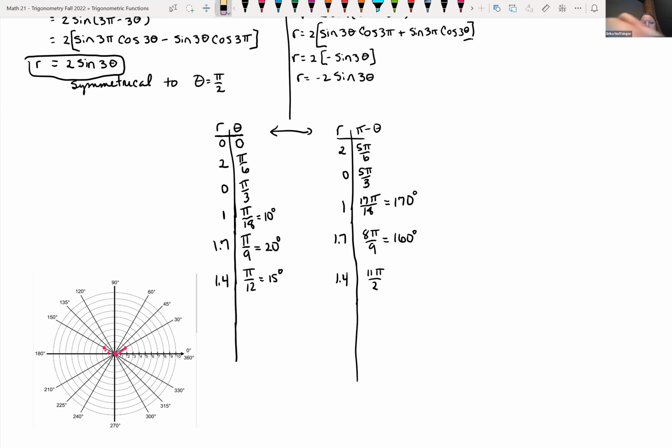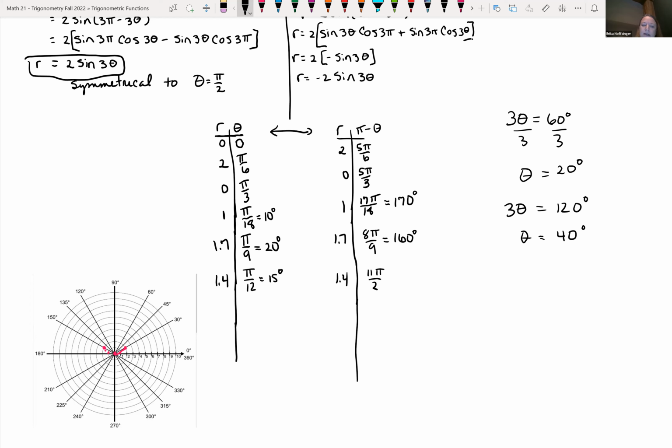I want 3 theta, let's think about this. I want 3 theta to equal 60 degrees. If I divide by 3, theta equals 20 degrees. We got that one. If I want 3 theta to equal 120 degrees, divide by 3, then theta is equal to 40 degrees.